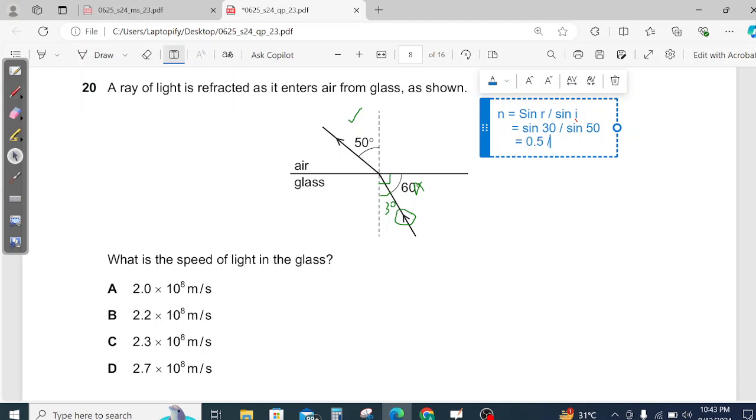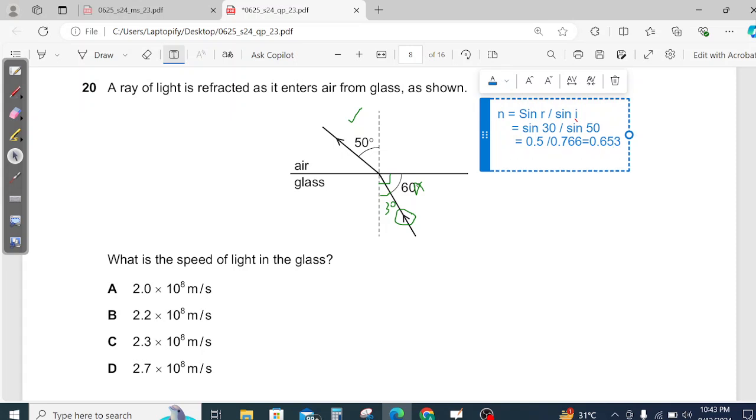And sine of 50 is 0.766. You have to divide it, divided by 0.766. You will get 0.653. Okay, this is your refractive index.